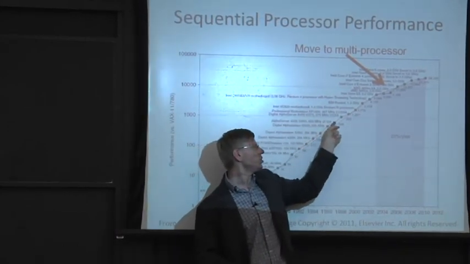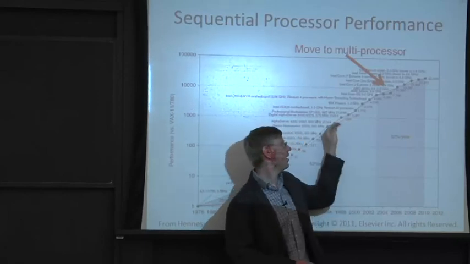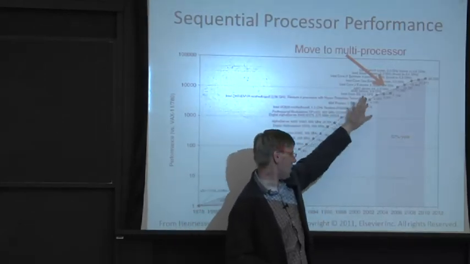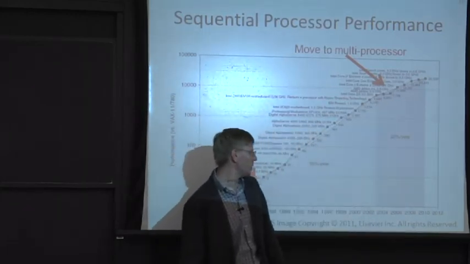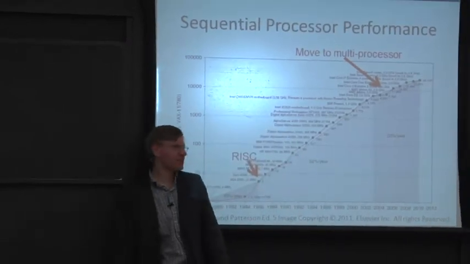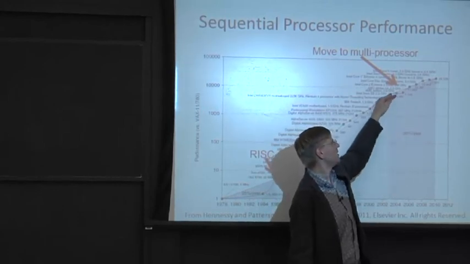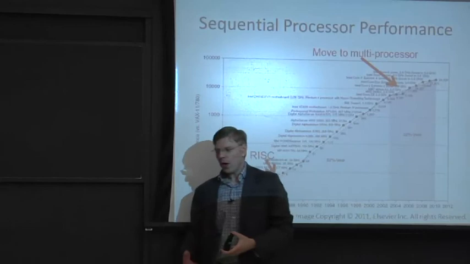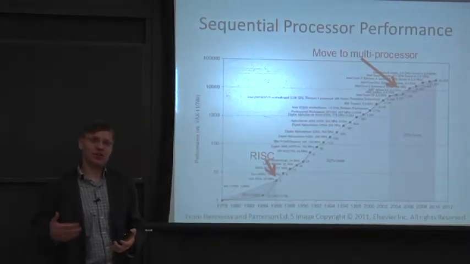Sequential performance, the performance of a single program, was getting exponentially faster. But then, depending on who you ask, I like to use 2005 as the number, but somewhere between 2003 and 2007, sequential processor performance started to really have a problem. But overall performance of your processor still continues to go up today.